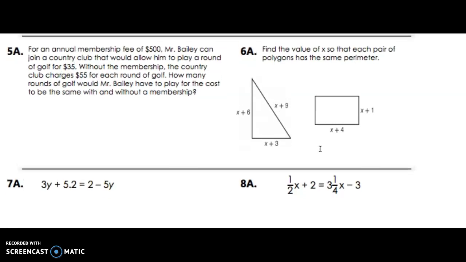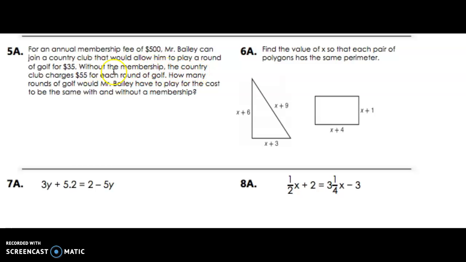These next 2 are word problems, so you'll have to read this and see if you can come up with an equation. The fee of $500 is an annual membership fee, and then it cost him $35 a round.